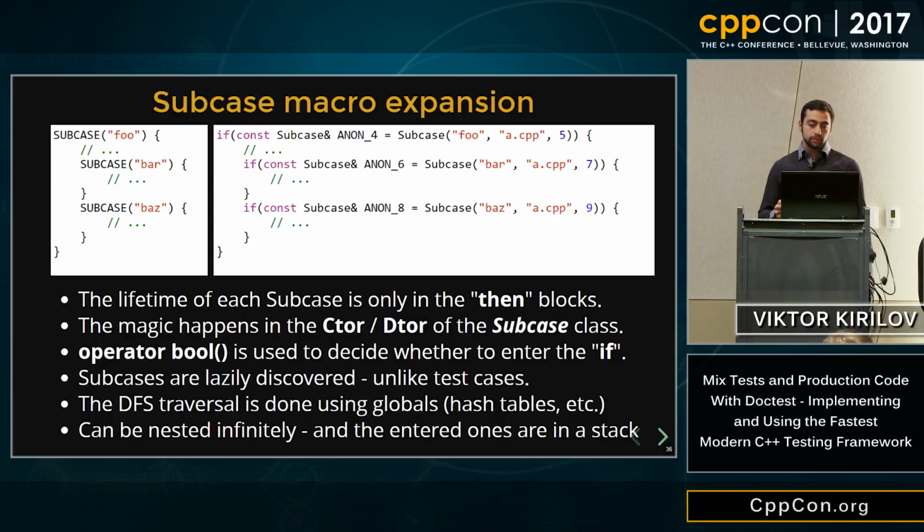In the constructor of the subcase class, based on the information we have given it, it uses global state from the test runner to determine if we should enter this subcase, if it has already been seen, and etc. And it sets a boolean inside of the subcase class. So when the operator bool is called on this temporary subcase object, it returns either true or false. So we either enter the if statement or we don't. I mean the then block of the if statement.